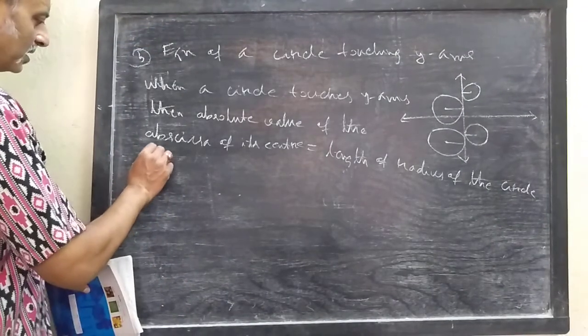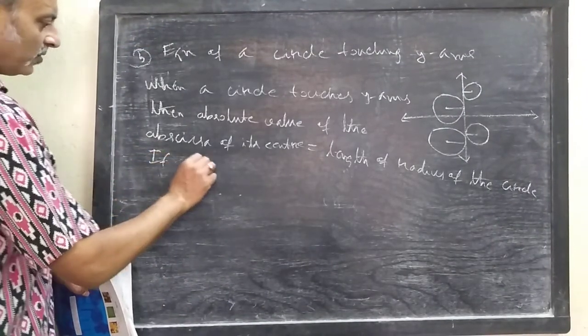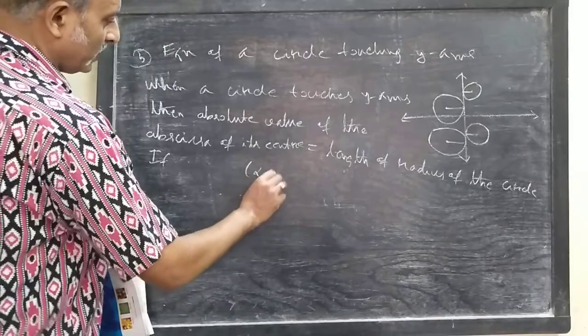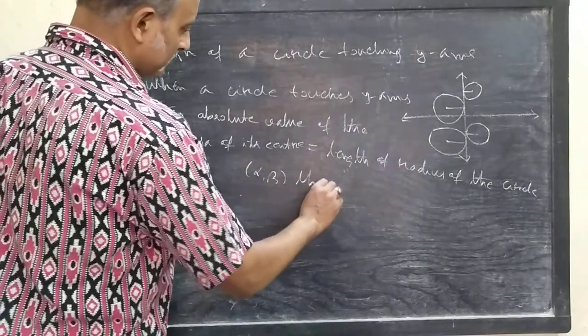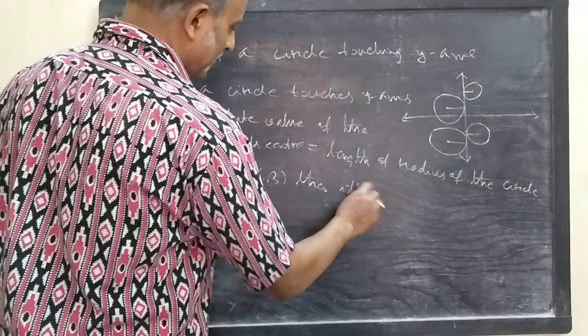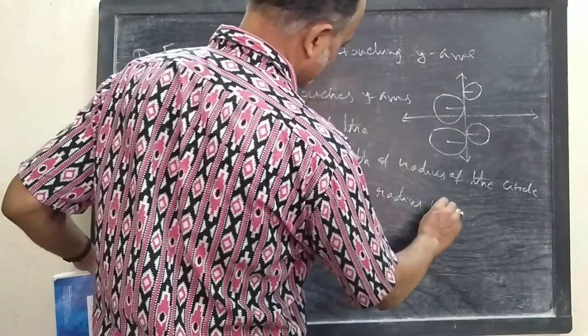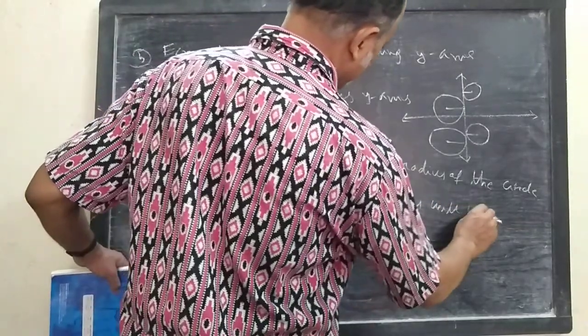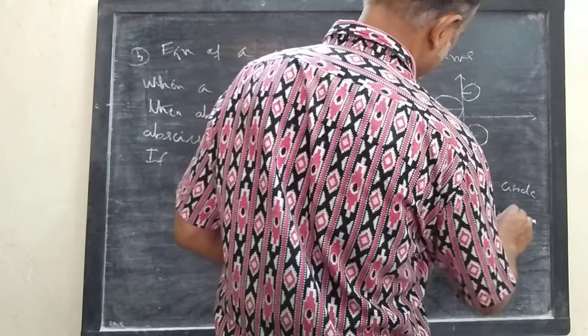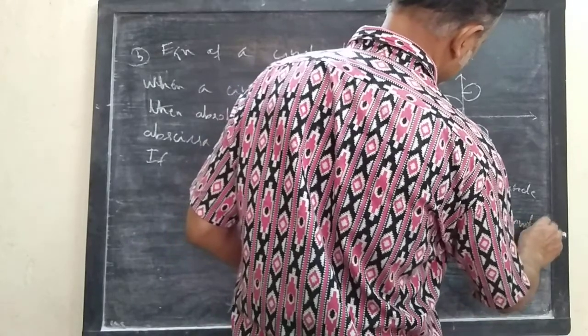So if we consider the center at the point (alpha, beta), then its radius will be mod alpha units.